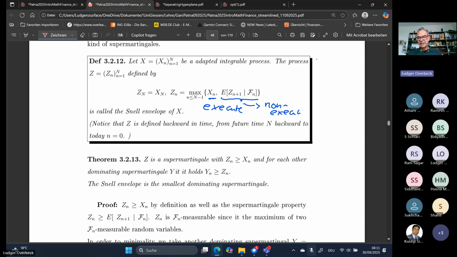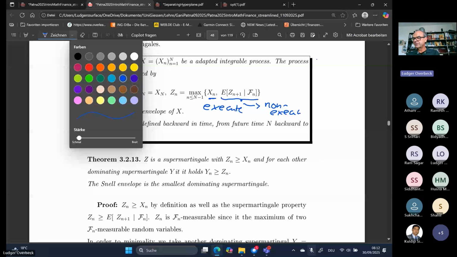Then the theorem tells you that Z is a supermartingale. This means on average you have the future expectation, which in a deterministic case where we just have one path is just decreasing.